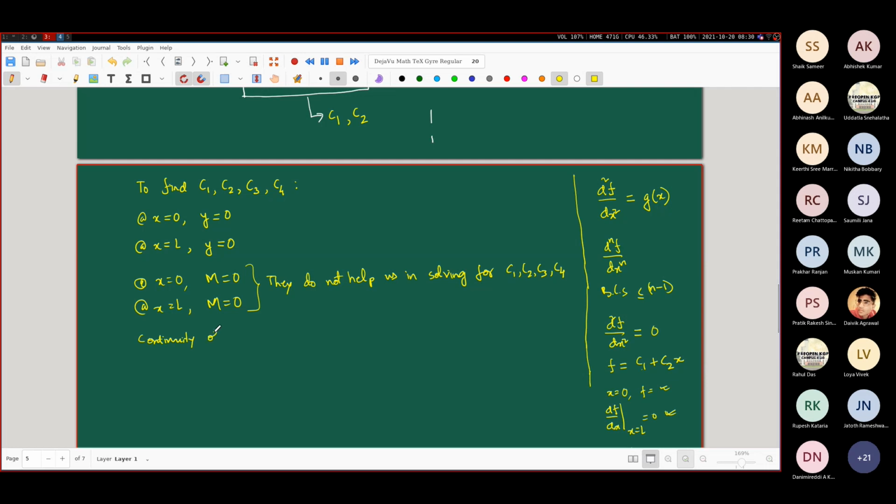So continuity of deflection and continuity of slope must be maintained between the two regions.